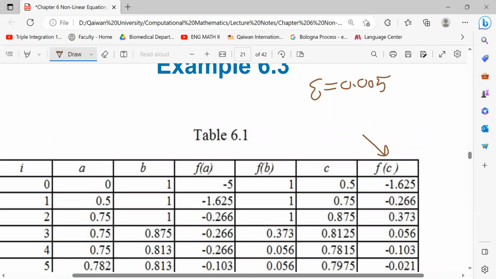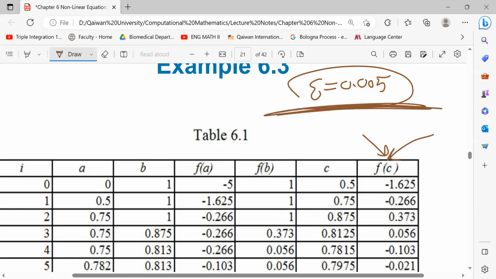It says 2 decimal places, so this epsilon is 0.005. We have 2 zeros and then 5. If it says 3 decimal places, we have 3 zeros and 5. And so if f of c is less than this value, we just look.